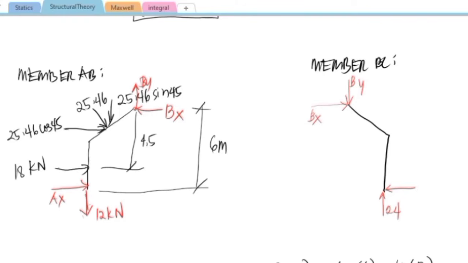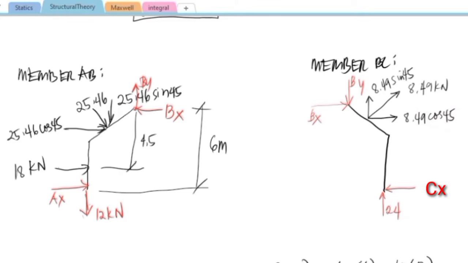Para sa loads natin, if this is the resultant with the value of 8.49 kilonewton, so meron nitong dalawang components. This is the vertical component, which is 8.49 kilonewton sine of 45 degrees, and we have here the horizontal component, which is 8.49 kilonewton cosine of 45 degrees.